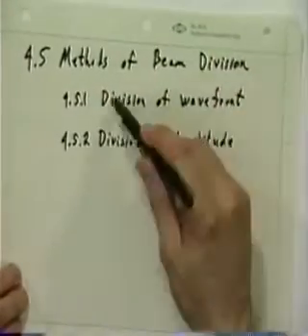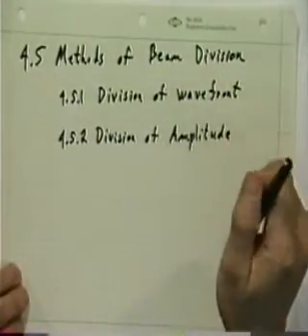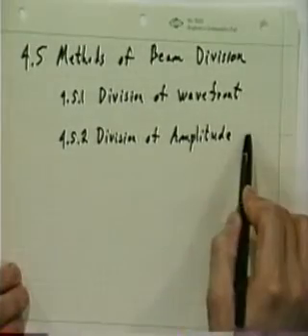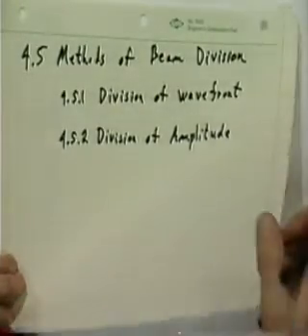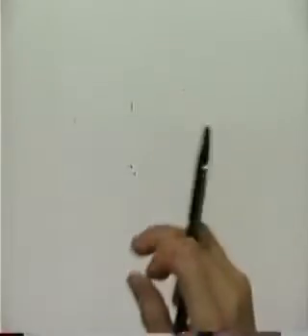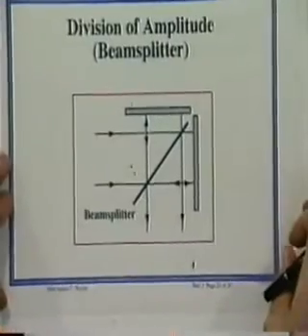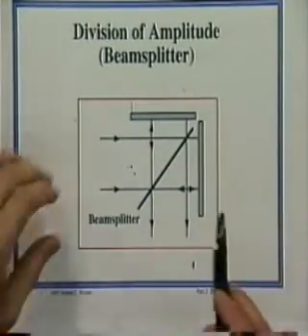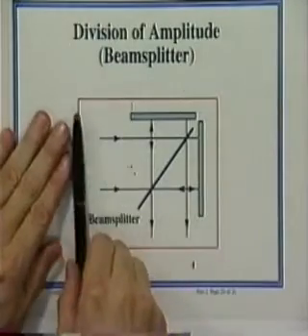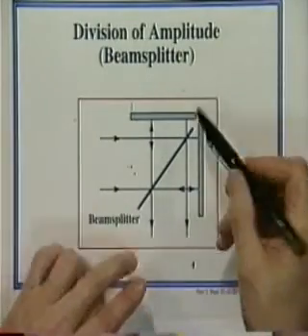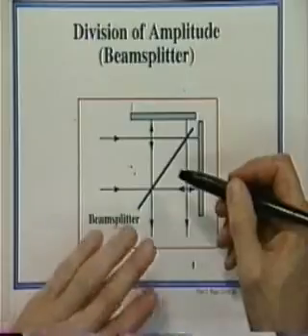Well, those are examples of division of wavefront, and we could go on all day with a hundred or more examples of that. But let's go down here and talk about division of amplitude. What do we mean with this? Well, here we're going to use a little beam splitter. We have a beam coming along, hits this beam splitter.